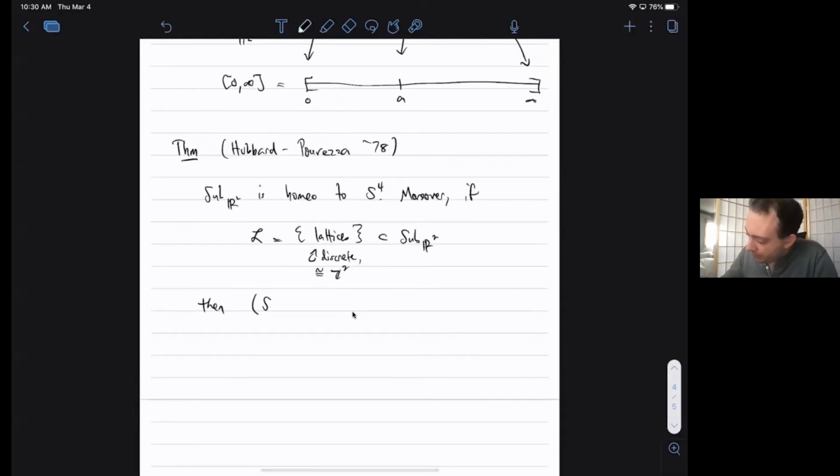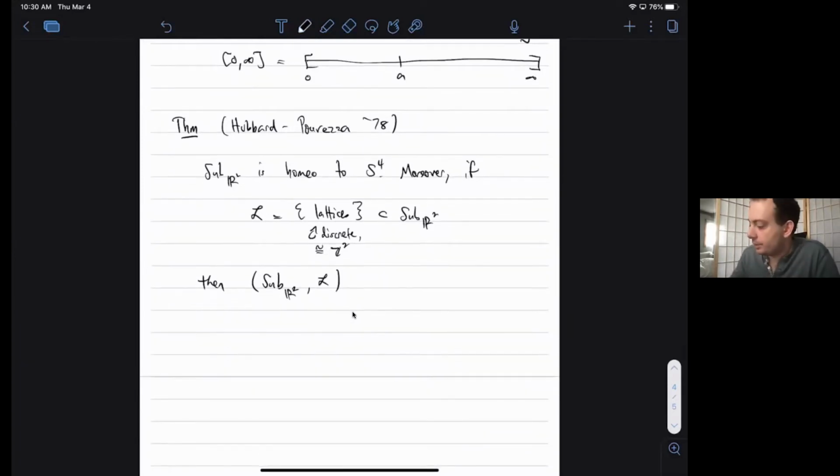So if I look at the pair, sub R2, that's a 4 sphere, and then I can look at how the set of lattices sits inside of that. It turns out that it's homeomorphic to the suspension of the pair S3, S3 minus the trefoil knot.